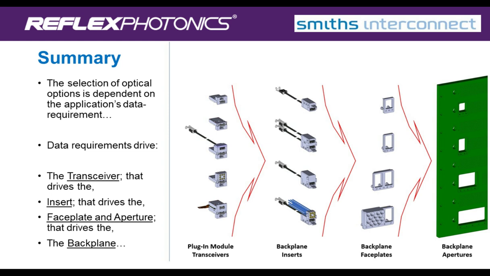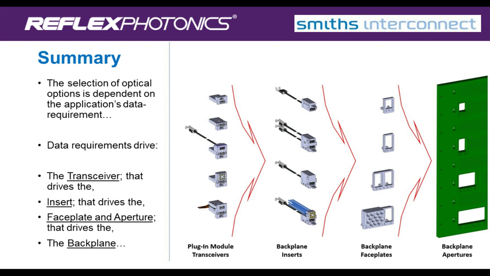The last slide is really the summary. It just says that the application is really what drives the choices for the selection of these modules. The first thing that drives it is what type of transceivers you need. Do you need it all active? Do you need RF? Do you need passive optical connections in there too?